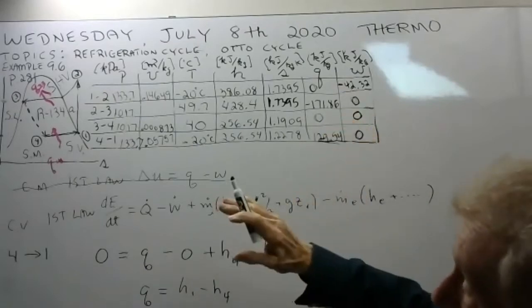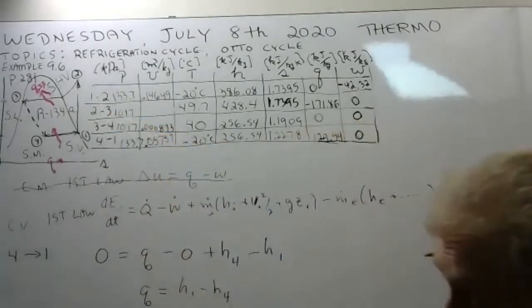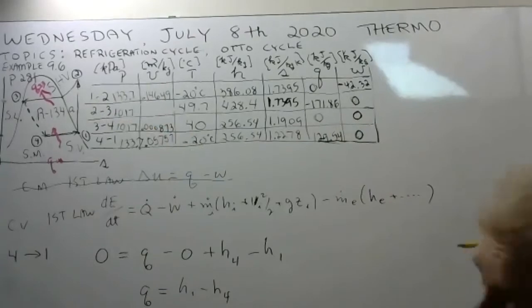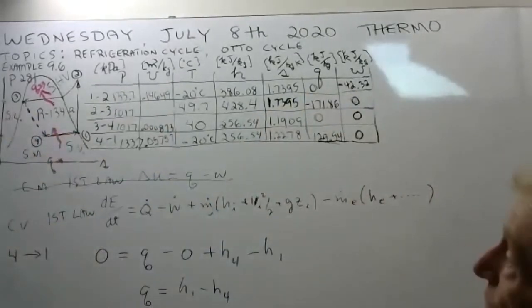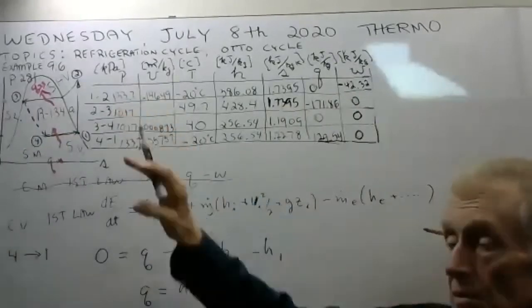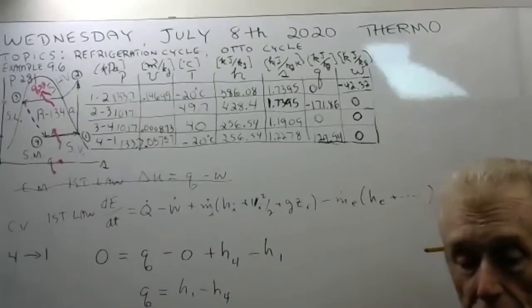It's positive. That means you're transferring heat from the environment to your refrigerant. It's going in. All right, we filled in all our boxes except this one. Remember, I was too lazy to double interpolate to get that, but you guys could do it.